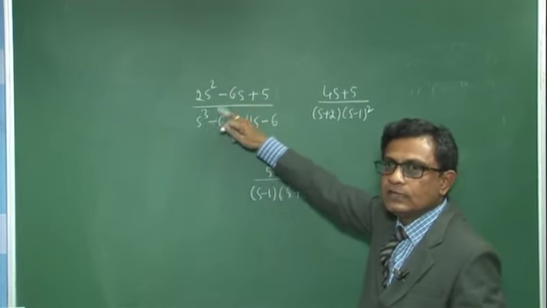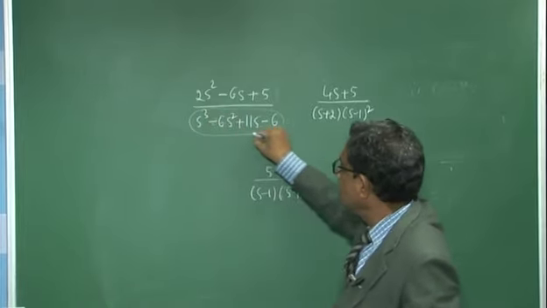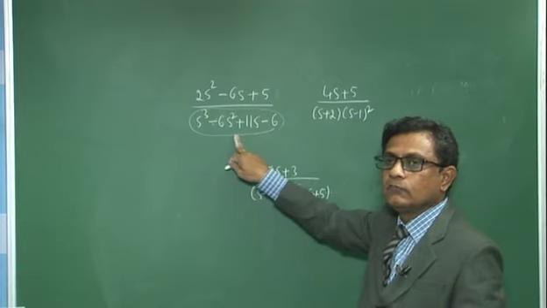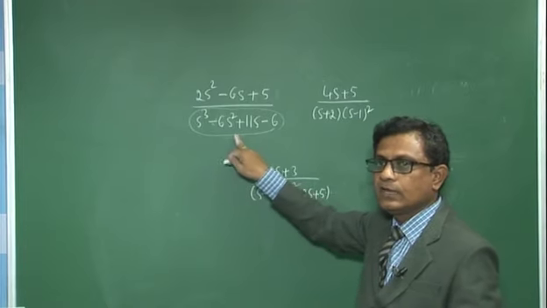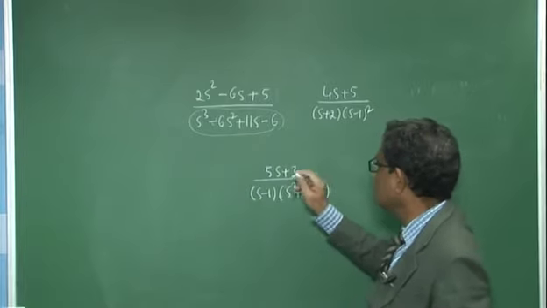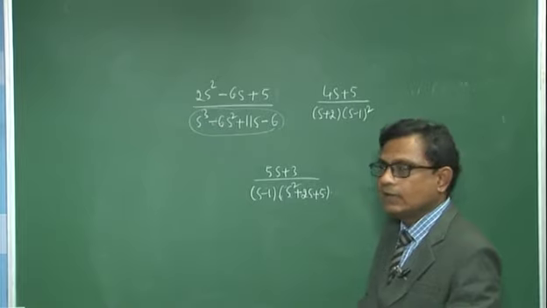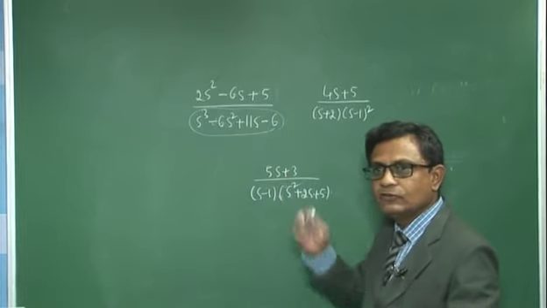The degree of the numerator is less than the denominator, and the denominator you can factorize as a product of linear factors. How are you writing it in linear factors? It is a cubic equation.